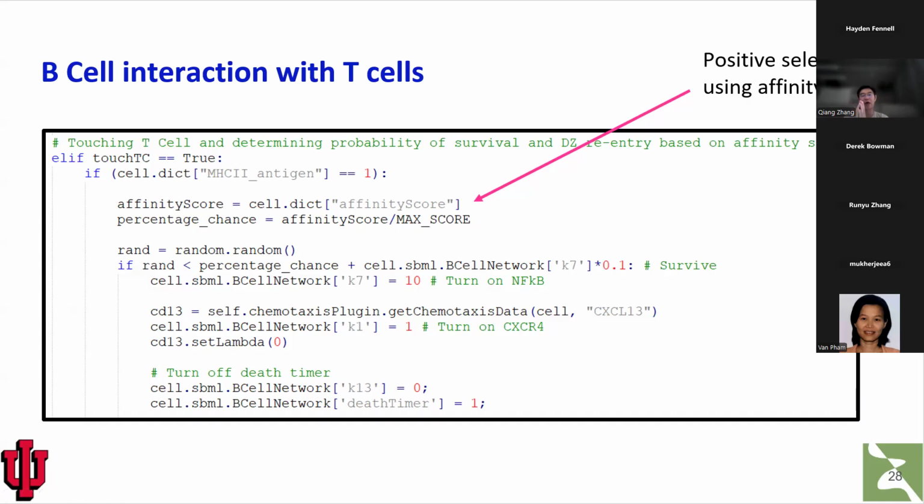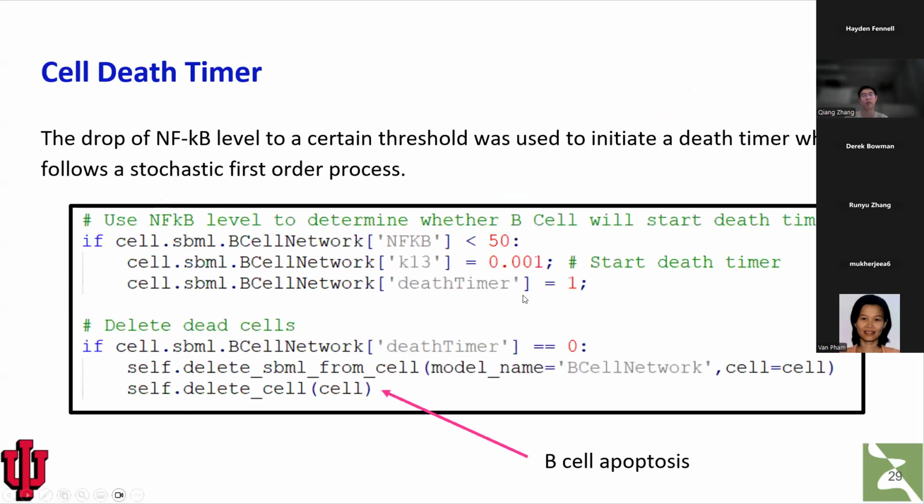Otherwise, if these cells are not selected by this random number comparison, then nothing will happen. The cell has a default death timer. They will just die at some point after some time elapses, without returning to the dark zone. Here is the term for how the cell death is being implemented.